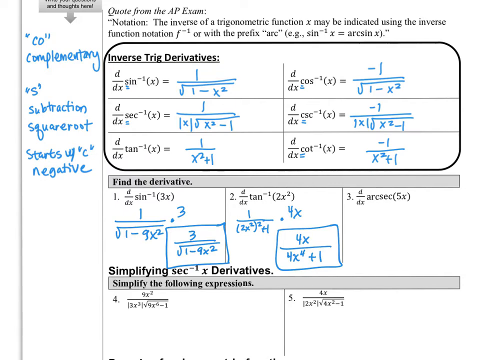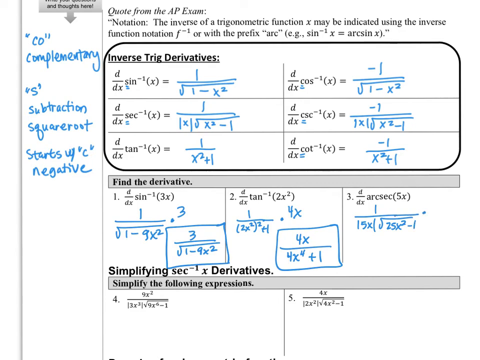Then the next one, remember if you have the arc secant, it's the same thing as the one with the negative 1. It's just another notation for it. That one would be 1 over the absolute value of 5x times the square root of 5x squared, so that's 25x squared minus 1.